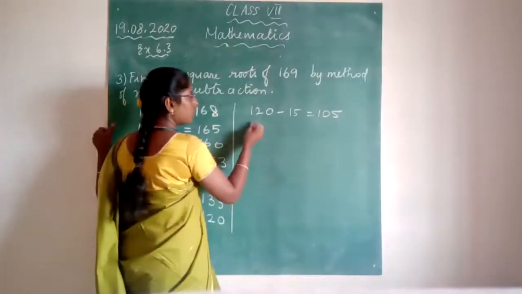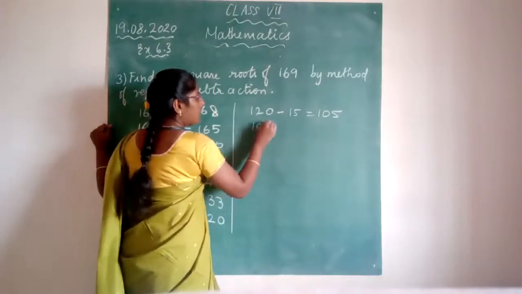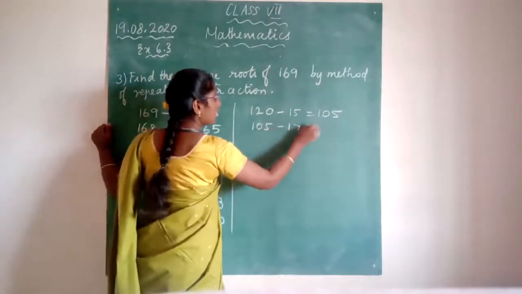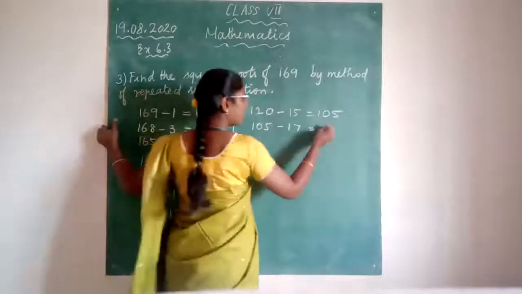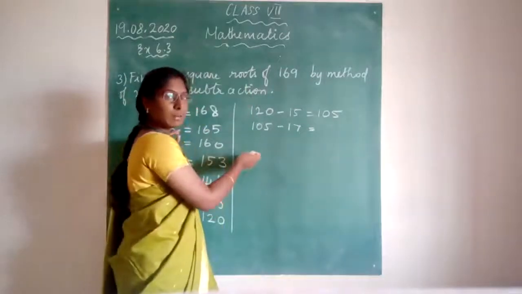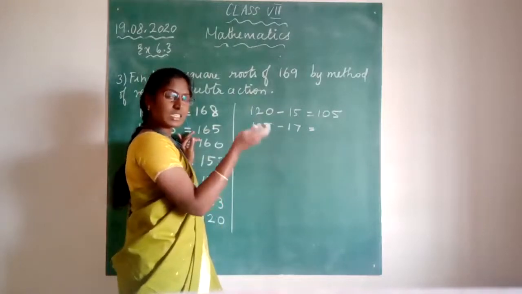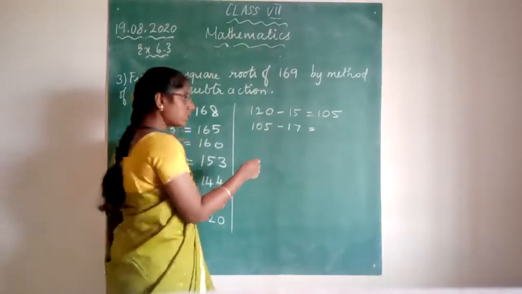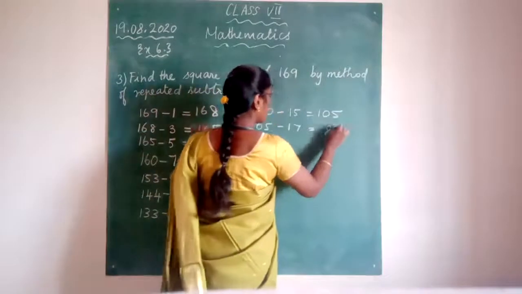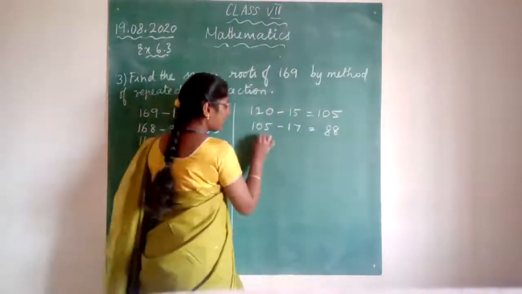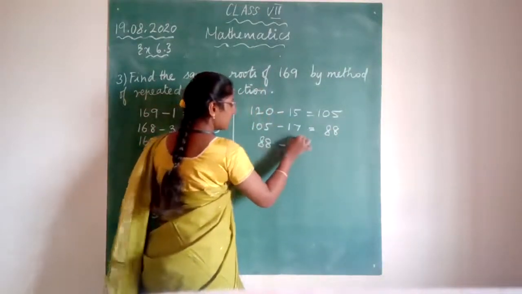Then 105 minus 17. So what is that? It is 105 minus 10 is 95. 95 minus 7 is how much? It is 88. Then you have 88 minus 19.